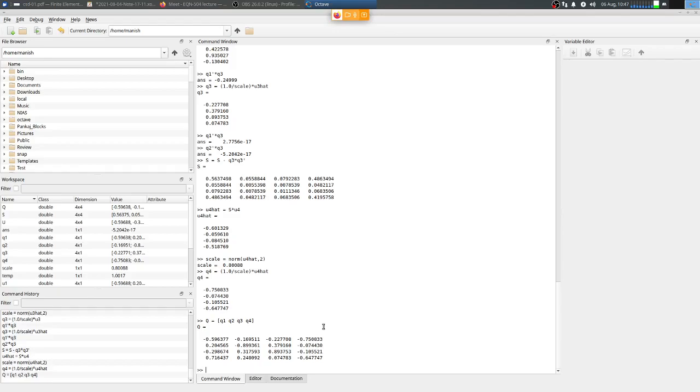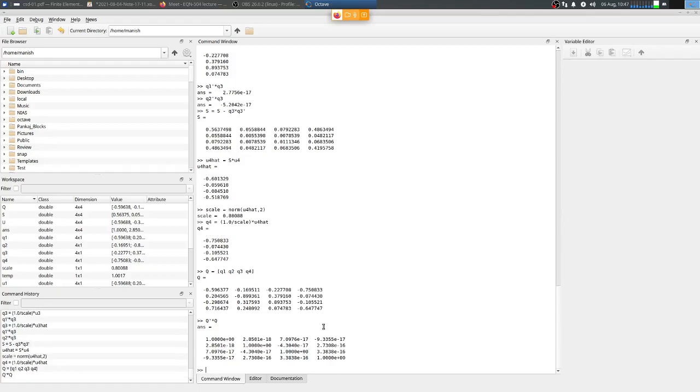So these are the four vectors, and just to show you that they are indeed orthogonal, let's take Q transpose Q, and you have something which is the identity matrix to machine precision. Off-diagonal terms, as you know, we can't get exact 0, so these are as close to 0 as we can get, and that shows Q is indeed an orthonormal matrix.